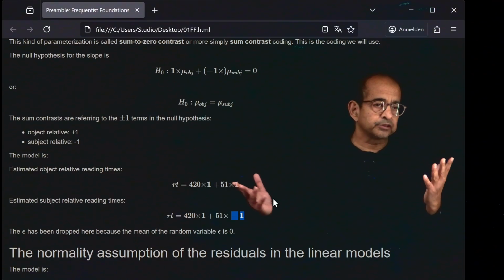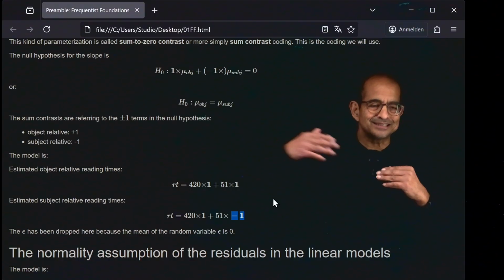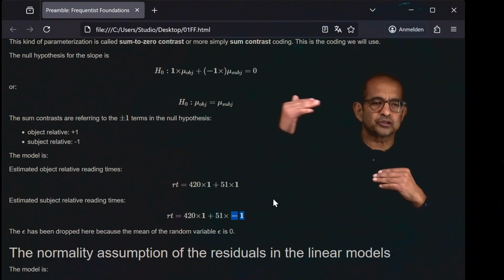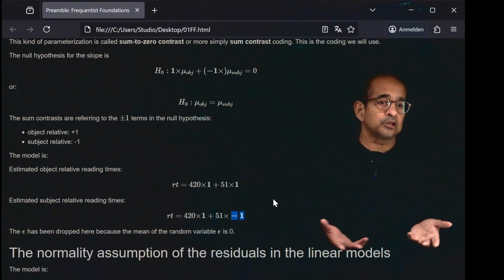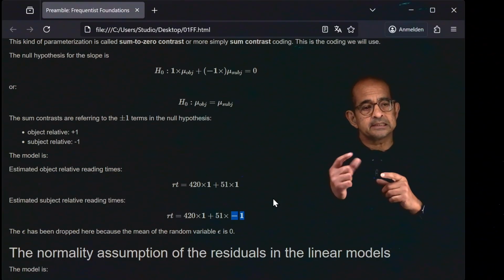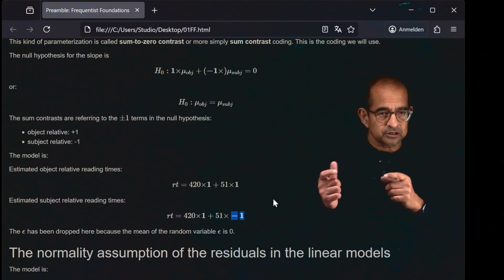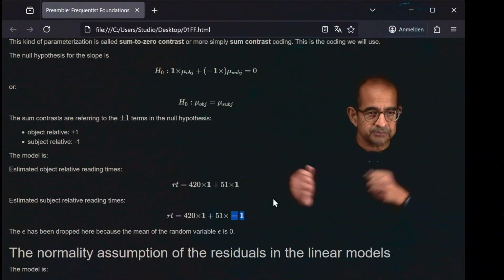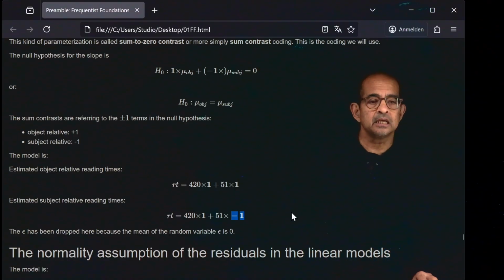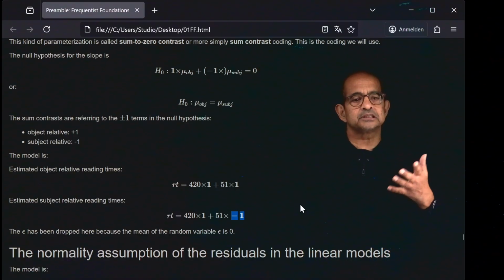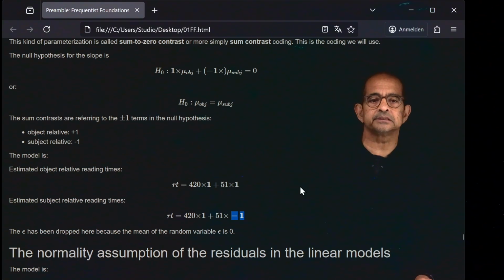And this would depend on the contrast coding, treatment contrast or sum contrast. In the end, the estimated reading time for the object gap and the subject gap would be the same regardless of what the contrast coding is. So what we say is that the contrast coding is reparameterizing the model. The meaning of the intercept and the slope change depending on how you set up the contrast, but ultimately the hypothesis test being done is the same in these two cases.